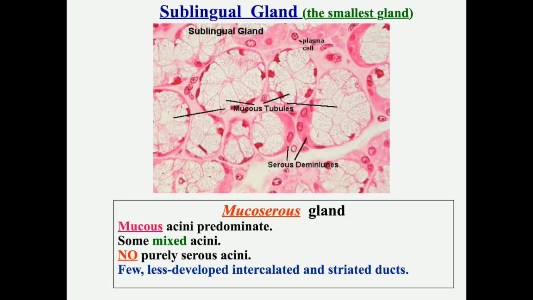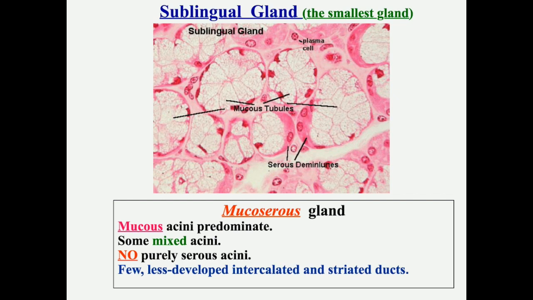This is the picture of the third gland, the sublingual gland, which is the smallest one, and it is characterized by having mucus acini as the predominant type. These are mucus acini. In addition, they have mixed acini, but in the form of mucoserous acini. No pure serous in this gland.